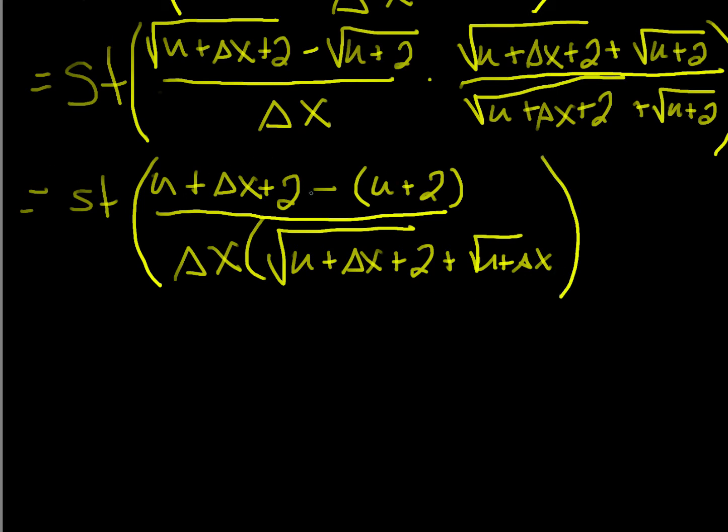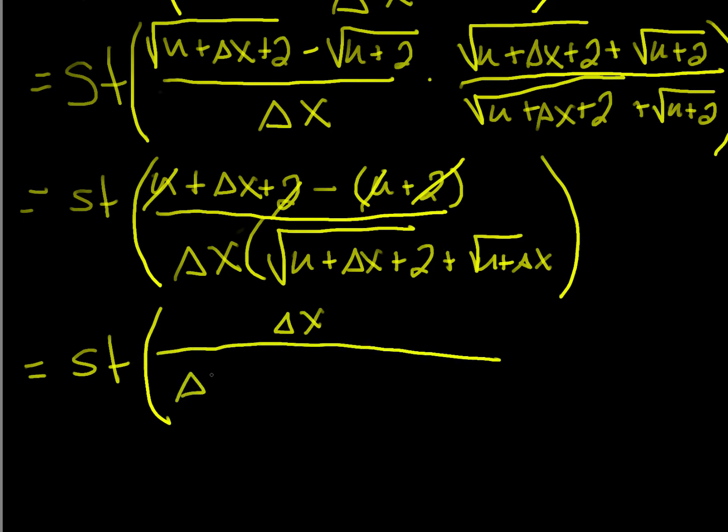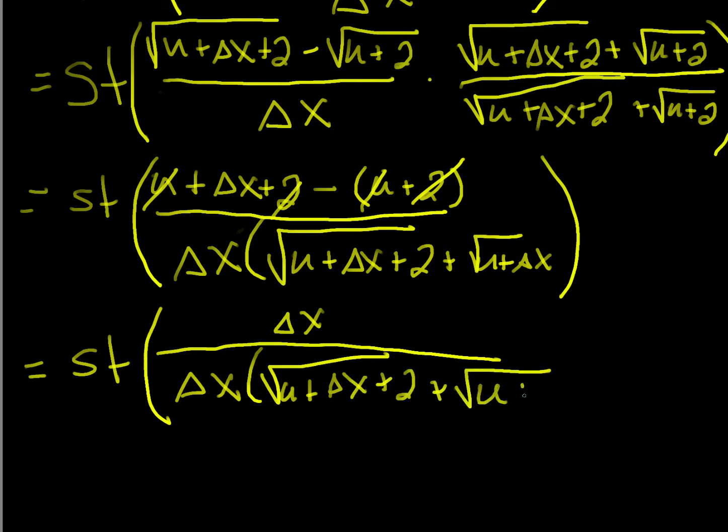And now when we do the subtraction, this u and this u will cancel, this 2 and this 2 will cancel. So what gets left behind in the numerator is just delta x. And in the denominator, we still have delta x times the square root of u plus delta x plus 2 plus the square root of u plus 2.